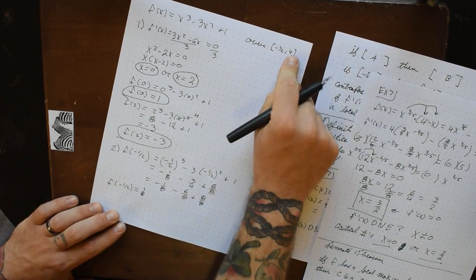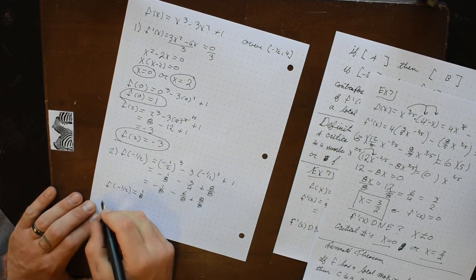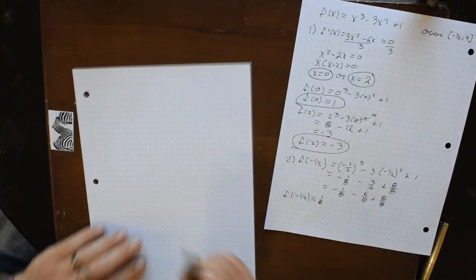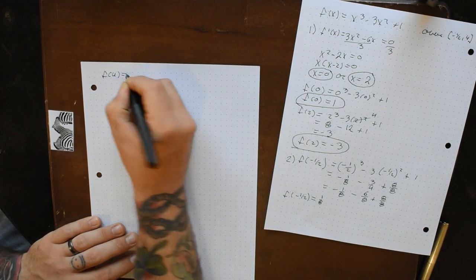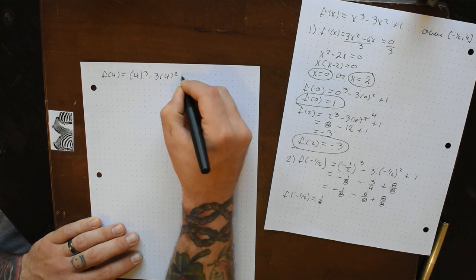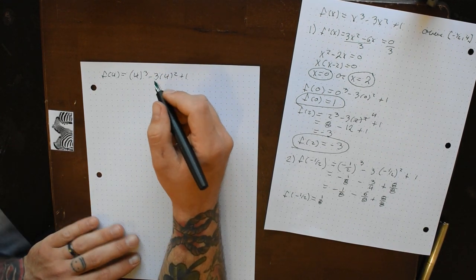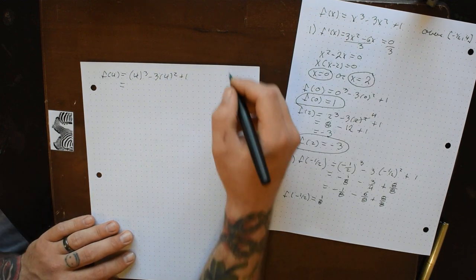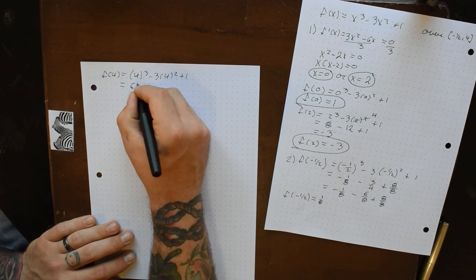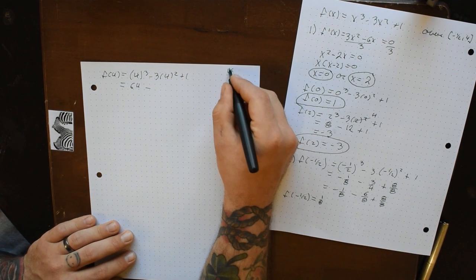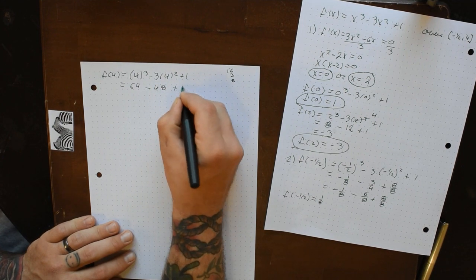And the final thing we want to do is consider the other endpoint, f of 4. That would give us 4 times 4 is 16, times 4 is 64, minus 16 times 3, 48, plus 1.